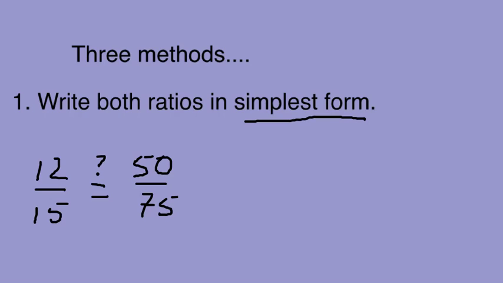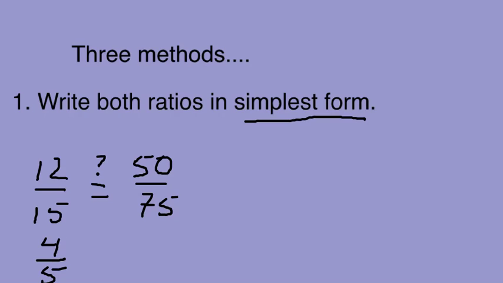So what I have to do is I have to think, what can I reduce 12 over 15 by to get a simplest form fraction, and what can I reduce 50 over 75 by? Well, I can reduce 12 over 15, I can divide by 3, and I will get 4 over 5. If I look at 50 and 75, I can actually pull out a big number. I can pull out 25.